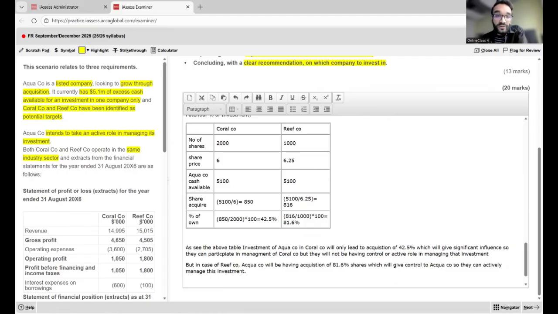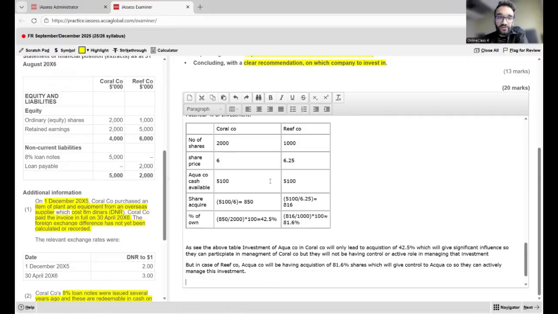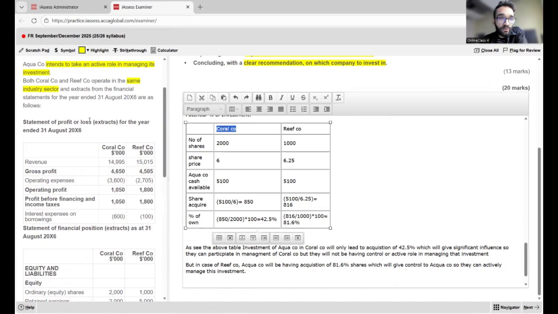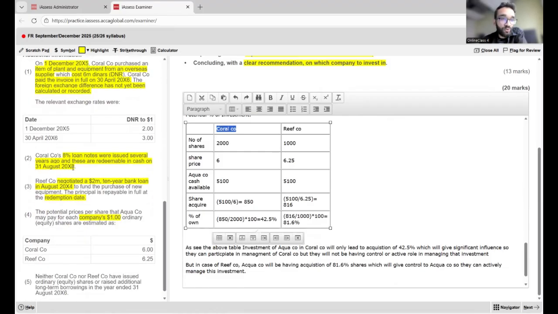Now listen very carefully. This company, Coral company, has to pay the loan after 2 years. What if they do not have enough cash? Right now you are going to invest in this company. They might use this cash, and in future 2008, when the loan repayment date is due, they might not have enough cash. There are chances they might issue additional shares.